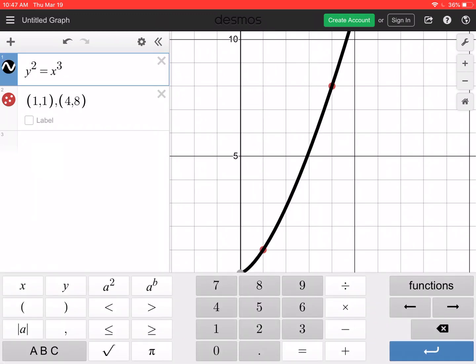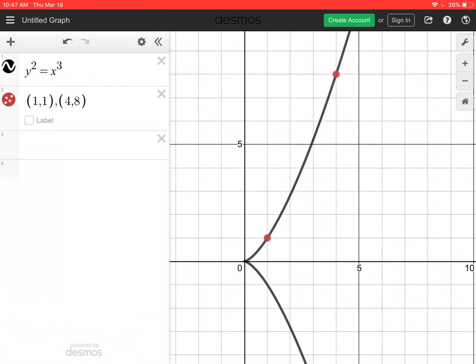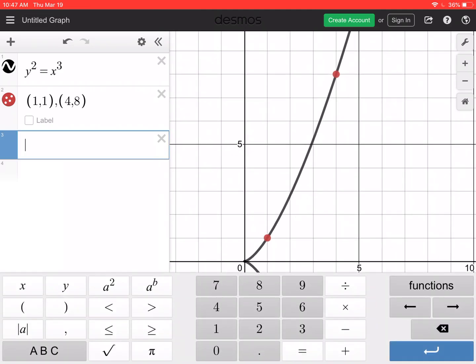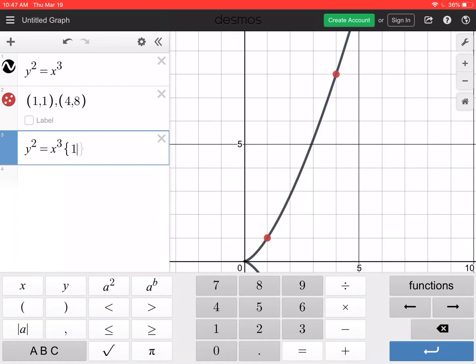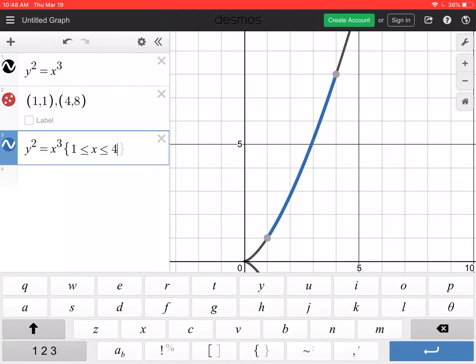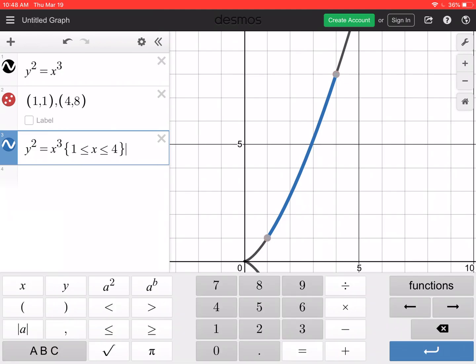And I can actually put a little bit of a restriction on this. So if I take y squared equals x cubed, and then I say I want x between 1 and 4, there we go.